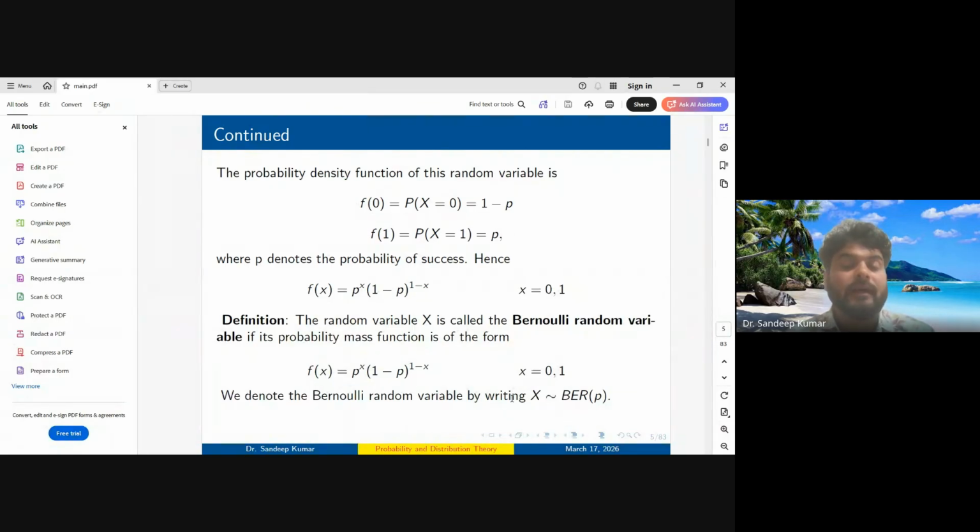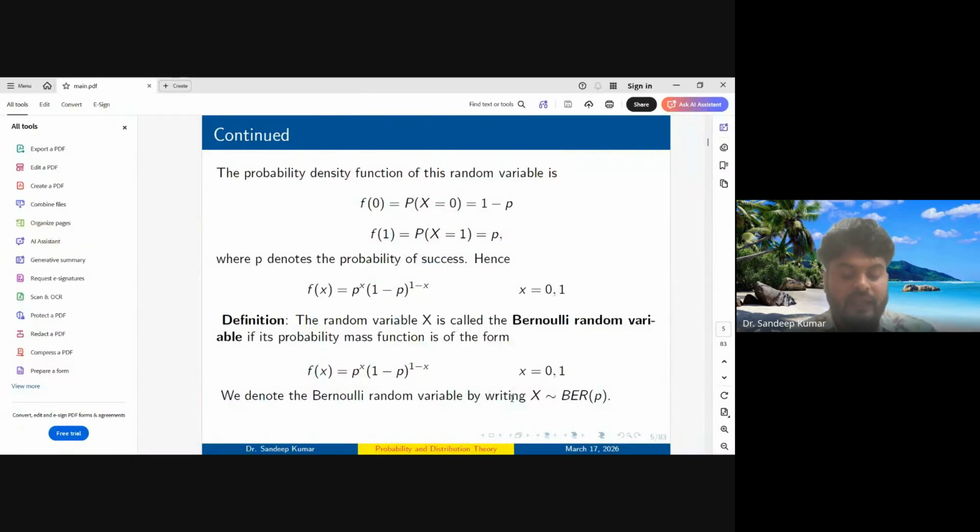Hence, the probability mass function of the Bernoulli distribution is written mathematically as p to the power x times (1 minus p) to the power (1 minus x). Here X takes only two values, 0 and 1. If X takes value 0, that is the probability of failure. If X takes value 1, that is the probability of success. Okay.